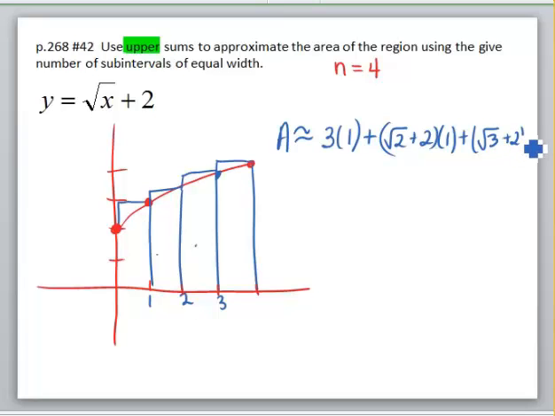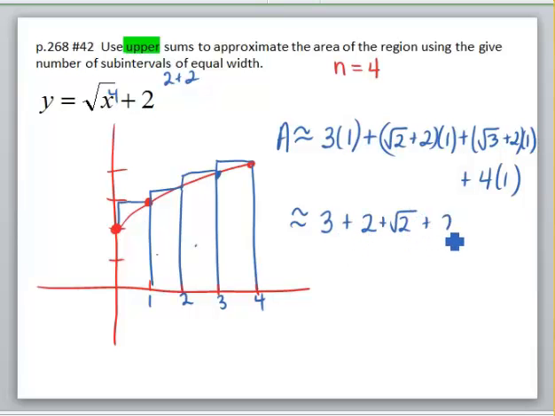Plus what the height is here at 4. The square root of 4 is 2, and 2 plus 2 is 4. So I have a height of 4 times 1. So my approximate area under the curve would be 3 plus 2 plus square root of 2 plus 2 plus square root of 3 plus 4.